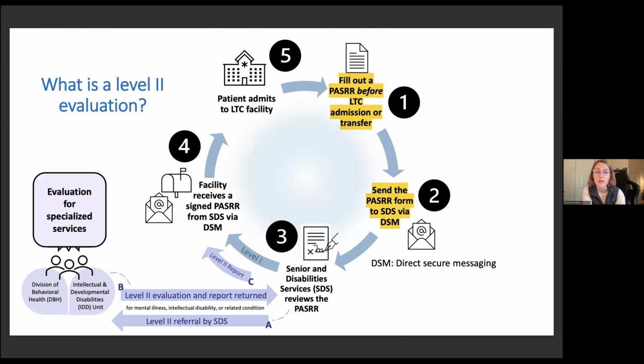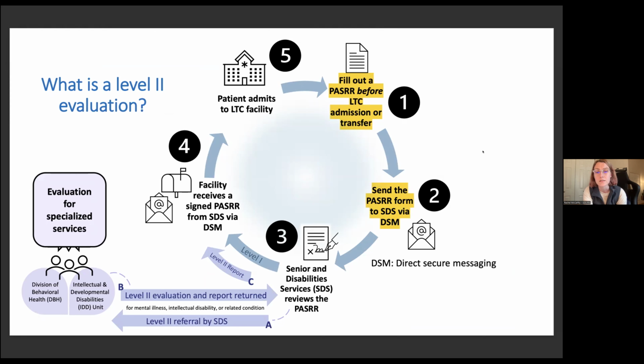That's done on the back end. Once that's completed, we send a copy of the final PASSR with the determination and the level 2 evaluation report to the facility, whether it be the hospital if the person's still waiting to admit, or the long-term care facility. That's just kind of a general overview of what PASSR is, and it's a 4-page form that's filled out for anybody going to a long-term care facility, regardless of their payment source.